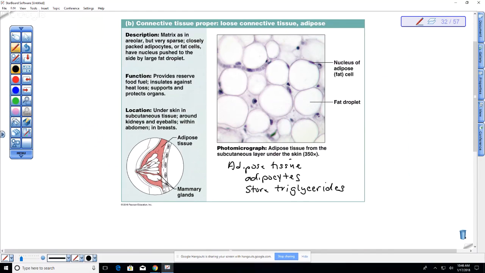They also found, interestingly, that adipose tissue is actually capable of producing hormones. So does anybody know what hormone adipose fat tissue produces? It produces leptin.